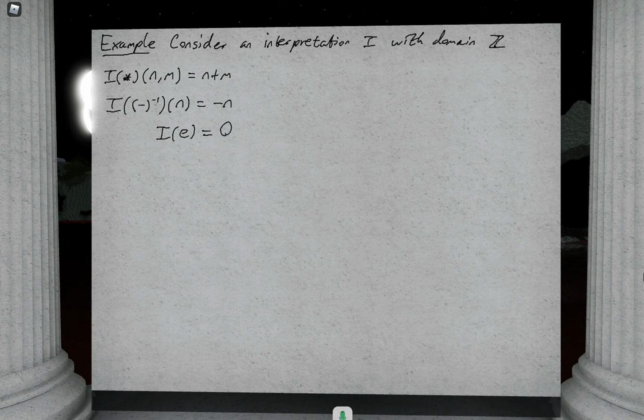Good. And so now let's take an example of one of these axioms that we wrote down earlier. Let's take associativity and think about what the interpretation of that formula would be.